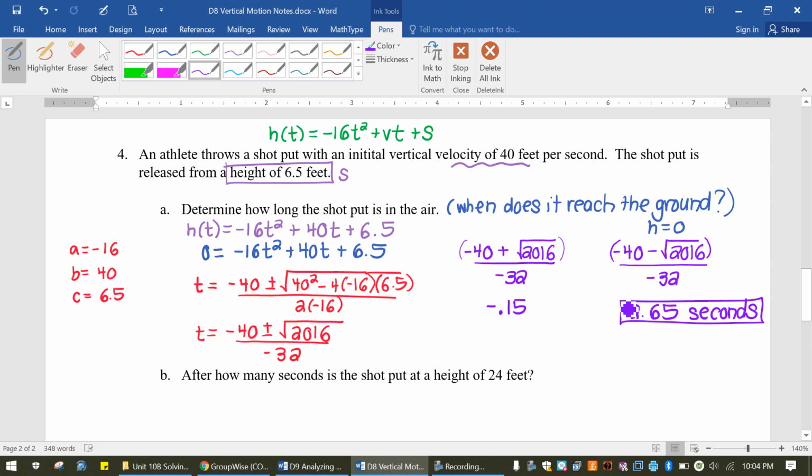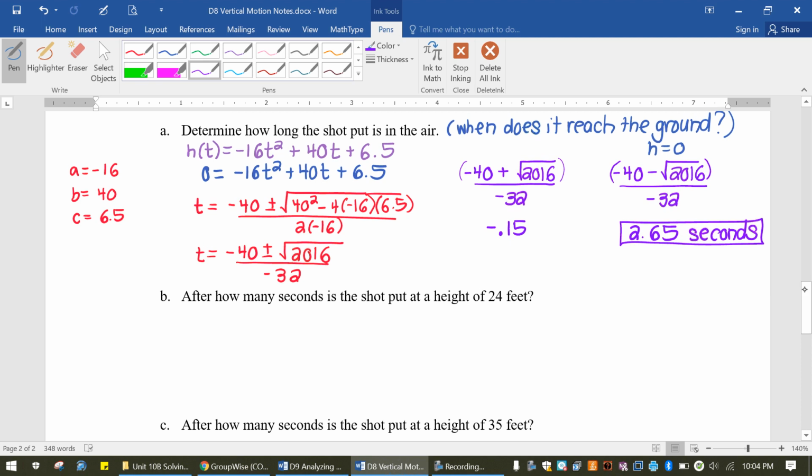Okay, the next one. After how many seconds is the shot put at a height of 24? So in part A, what we did is we had a height of 0, so we substituted in 0 here for H(t), or height with respect to time. So what we're going to do now is put in a height of 24.